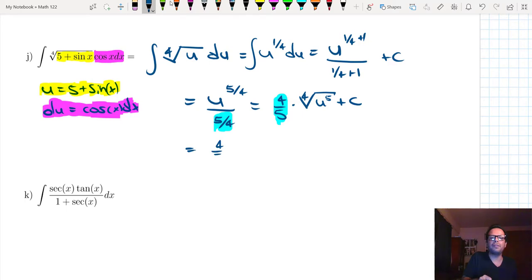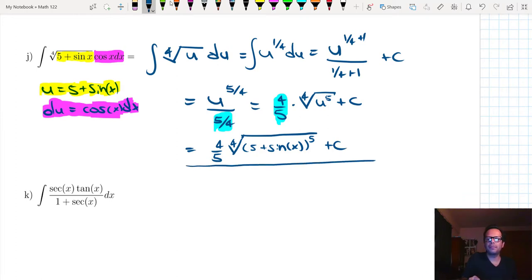So 4/5 times the fourth root of 5 plus sine of x to the fifth power. Whole thing plus c. That's our final answer.